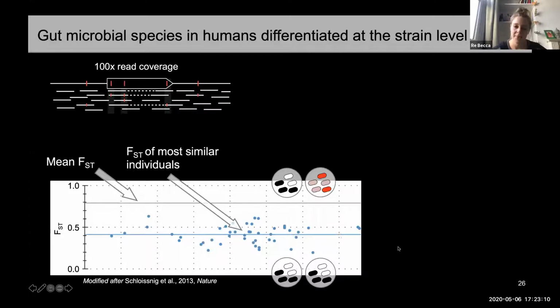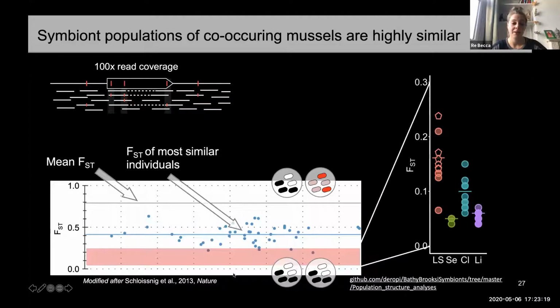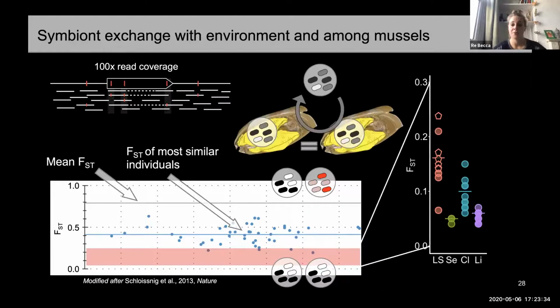If we do the same thing now for the mussels, and if you remember, we had a rather similar degree of heterogeneity in those, we do see that all the FST values fall within this red highlighted area, which basically tells us that the symbiont populations of co-occurring mussel individuals are rather similar to each other. And we can really learn quite a lot from that.